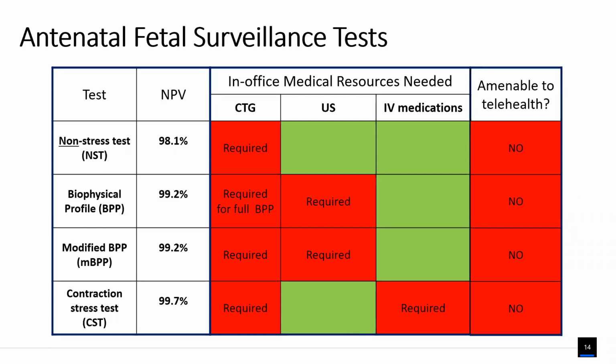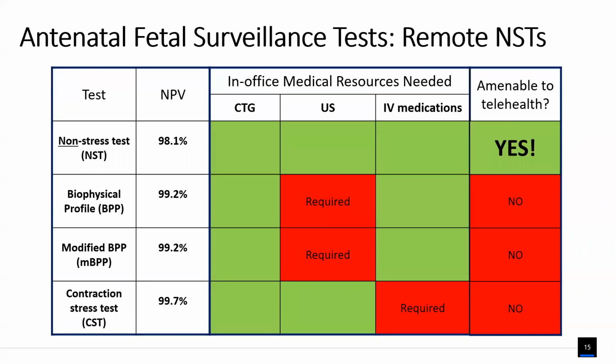There's not a lot of telehealth happening in fetal monitoring. But if we have devices on the market that can give you a fetal heart rate trace and uterine activity, i.e. the non-stress test, we will have a primary screening tool for fetal testing that is amenable to telehealth with just one device.